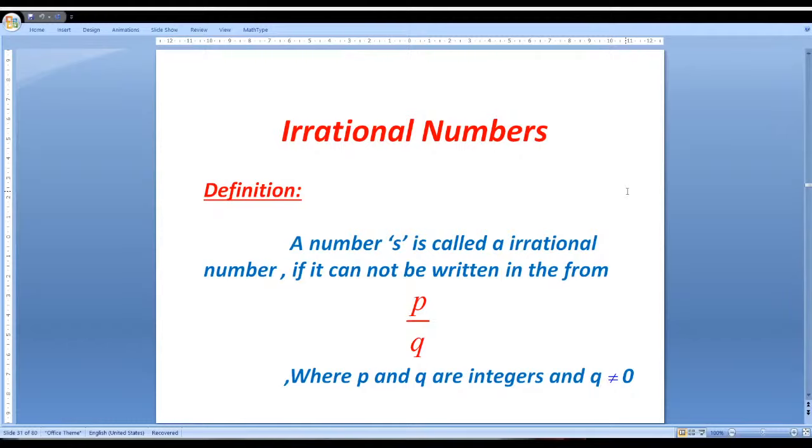Vice versa, a number r is called a rational number if it can be written in the form p by q. So obviously we say that if a number is not irrational, then it is rational. If a number is not rational, then it is irrational.